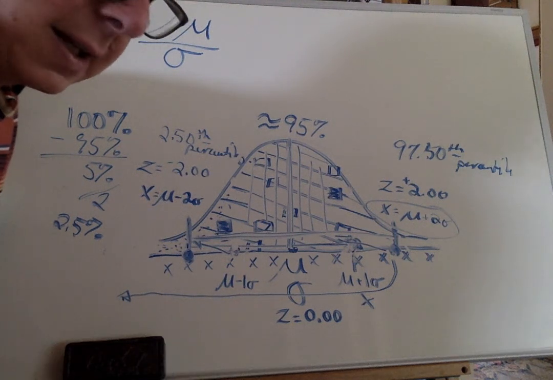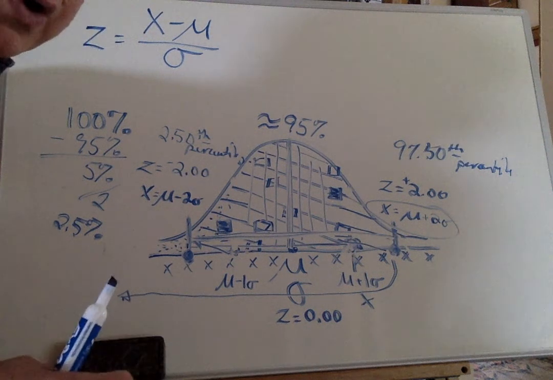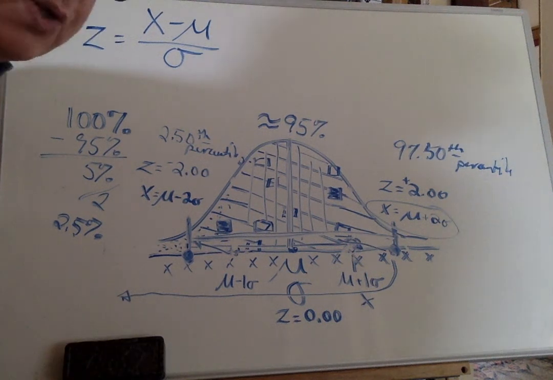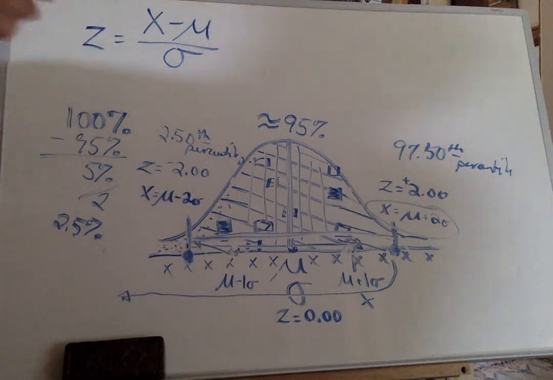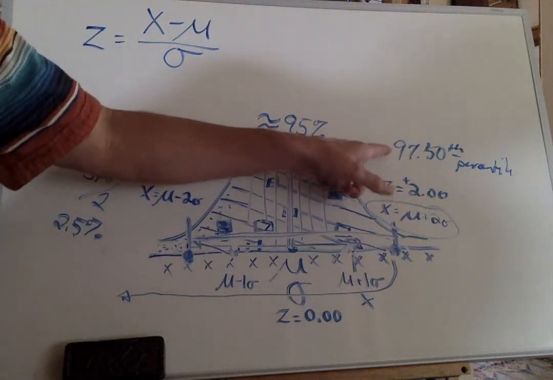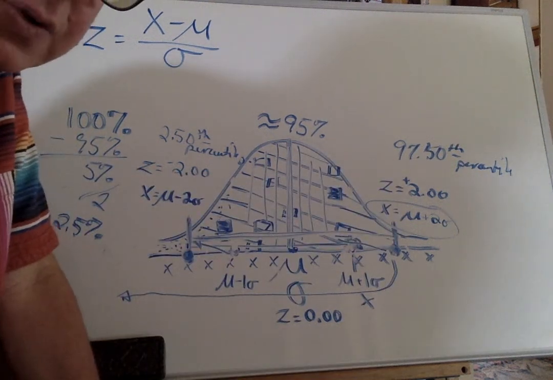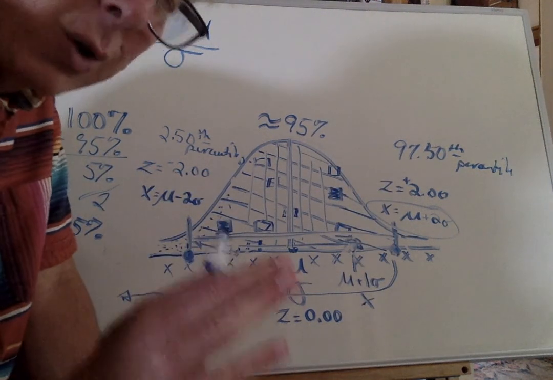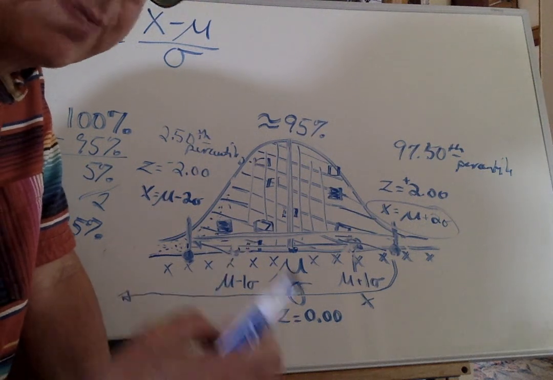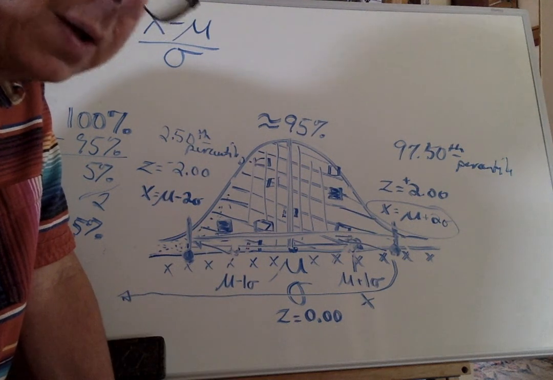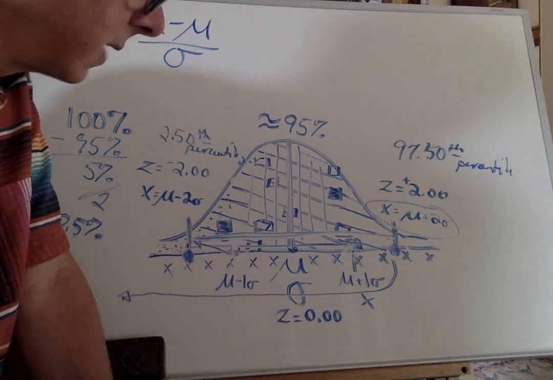Notice I didn't say anything about your actual test score or your height or the size of the fish or the temperature of the day, but I absolutely know that a z-score of 2 is going to be approximately the 97.5 percentile. It's not quite that. I'm going to introduce much more specificity, but this is the general concept.